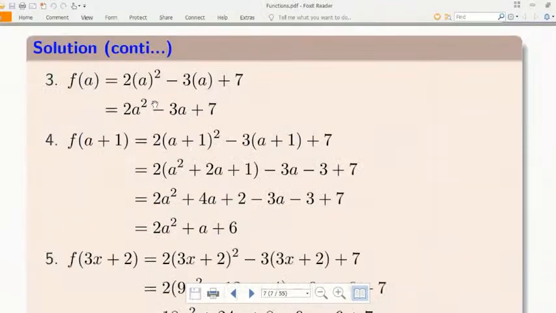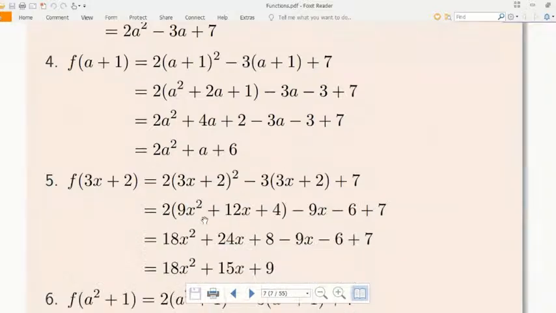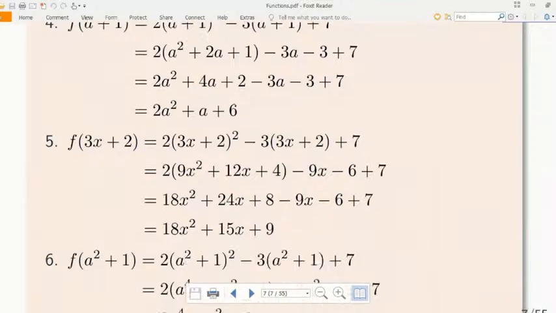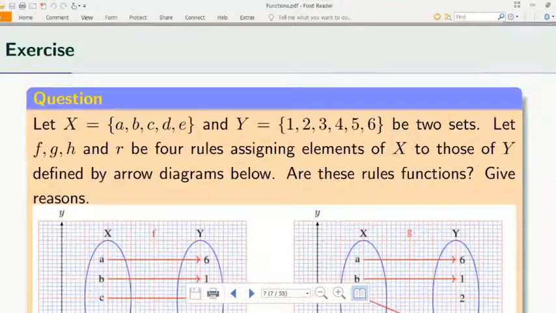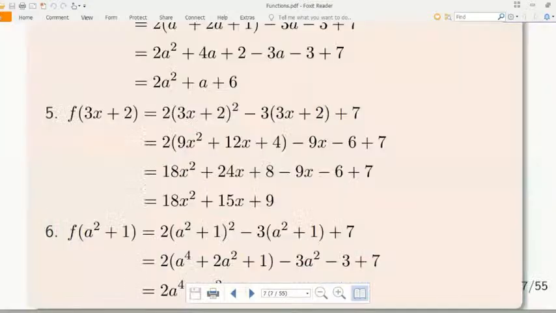So when I did this, move slowly and see what I get with them. Even number 5 is here. Go through it at your own time and see whether you get what I got. That's number 6. You can have those answers.